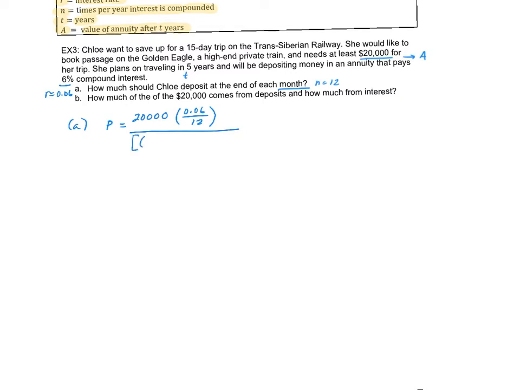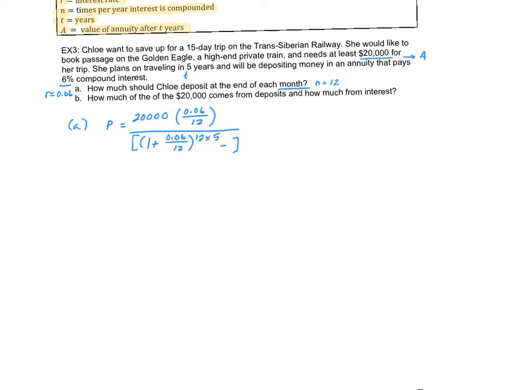In parentheses, I have 1 plus R over N raised to the N times T. So N was 12 times T was 5 years. Subtract 1.